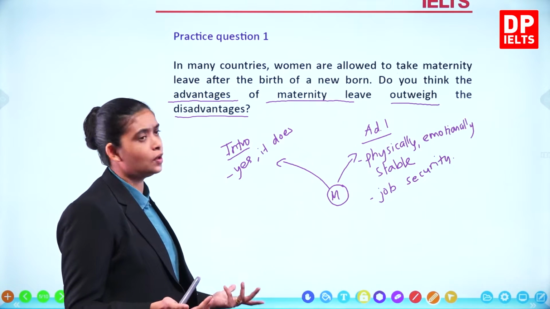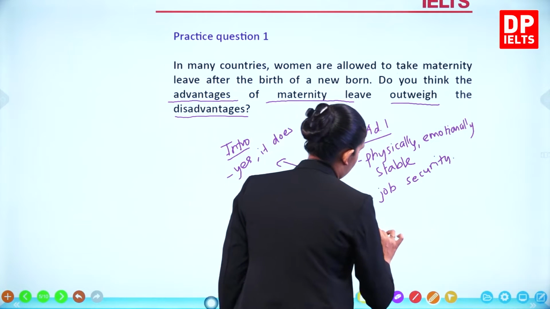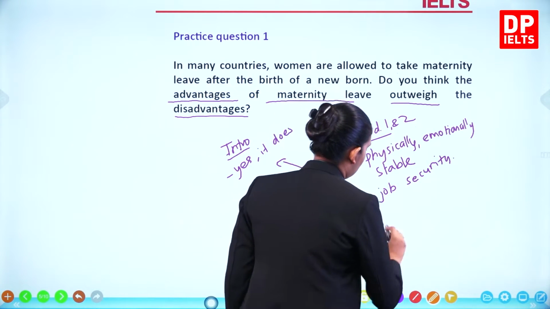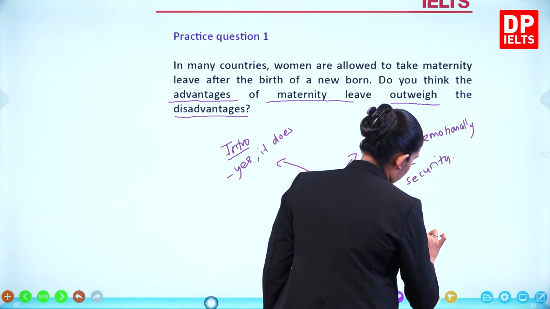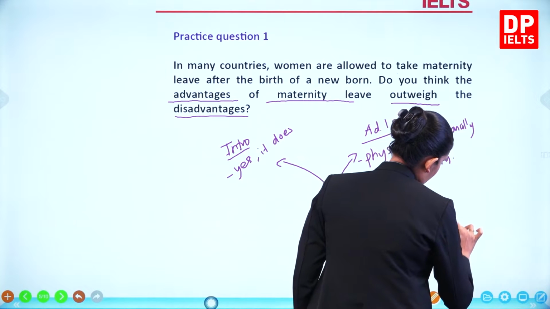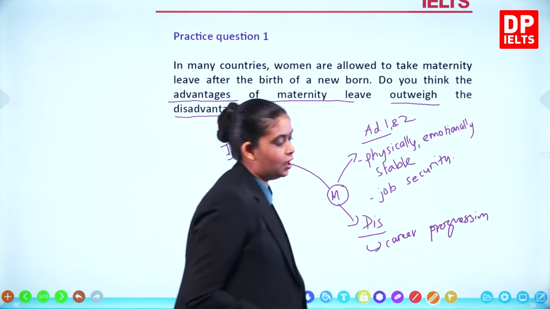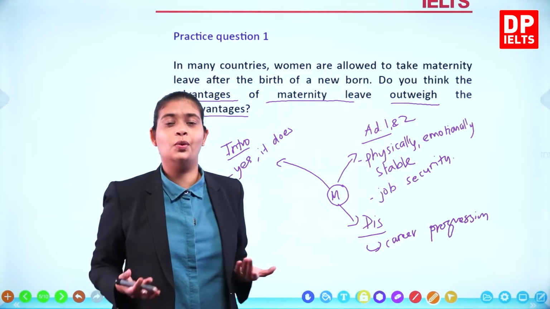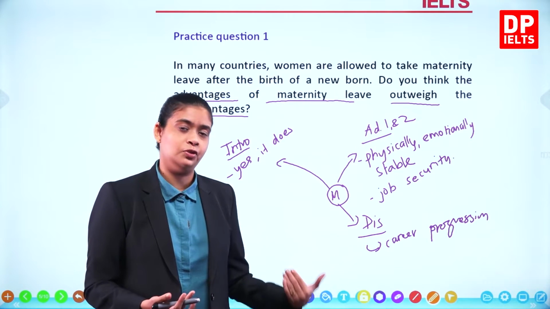If you talk about the disadvantages, let's say advantage 1 and 2. The disadvantage is that your career progression is being hindered. So when you take maternity leave, you're away from work, it takes away from your career a bit because you don't have the capacity that you had before to put into everything.